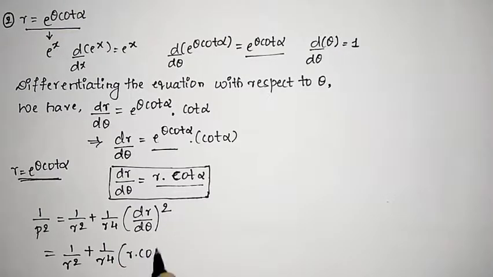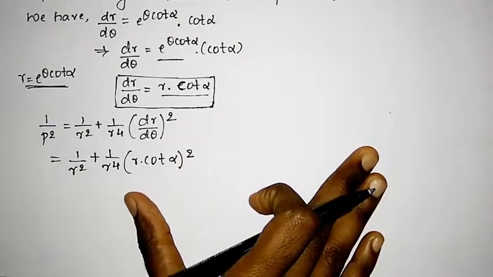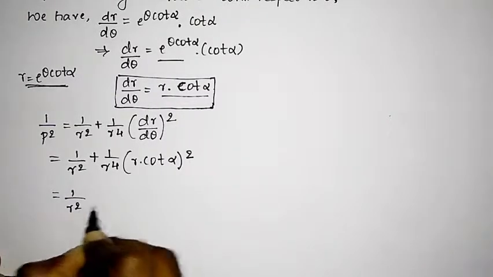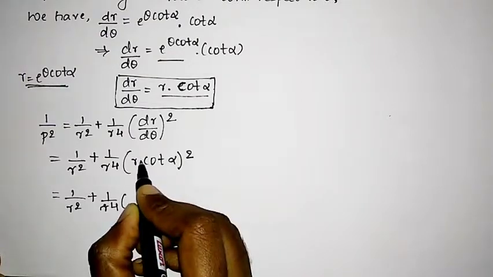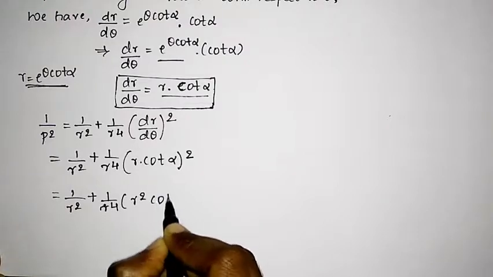It will be r into cot alpha whole square, because we have the square. Therefore 1 divided by r square plus 1 divided by r raised to 4 into r square into cot square alpha.